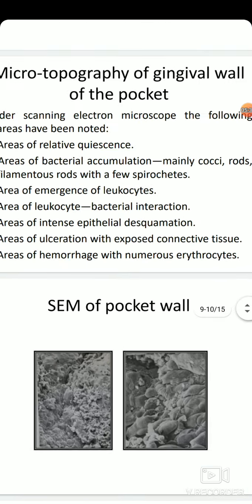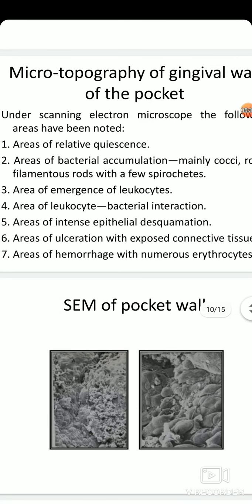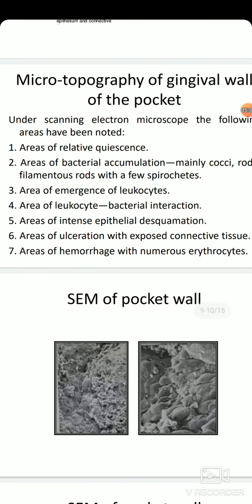There are some areas of relative quiescence, areas of bacterial accumulation, mainly cocci, rods, and filamentous rods with a few spirochetes, areas of emergence of leukocytes, areas of leukocyte-bacterial interaction, areas of intense epithelial desquamation, areas of ulceration with exposed connective tissue, and areas of hemorrhage with numerous erythrocytes. So microtopography has divided the gingival wall of the pocket into different areas.